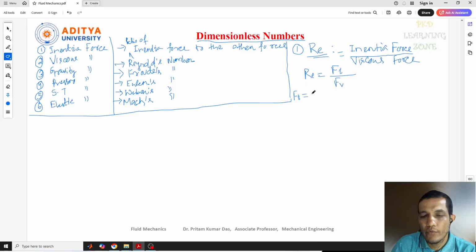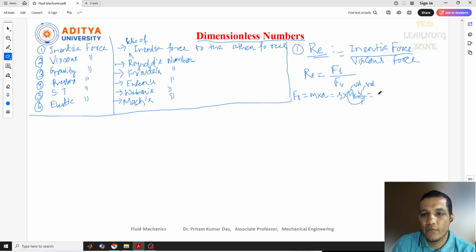Inertia force is nothing but mass into acceleration of the fluid flow. Mass we can write as rho into V, because density equals mass by volume, so mass equals density into volume. Acceleration is velocity per time. So this is rho into V into v per t, where V is volume and v is velocity, don't confuse them.